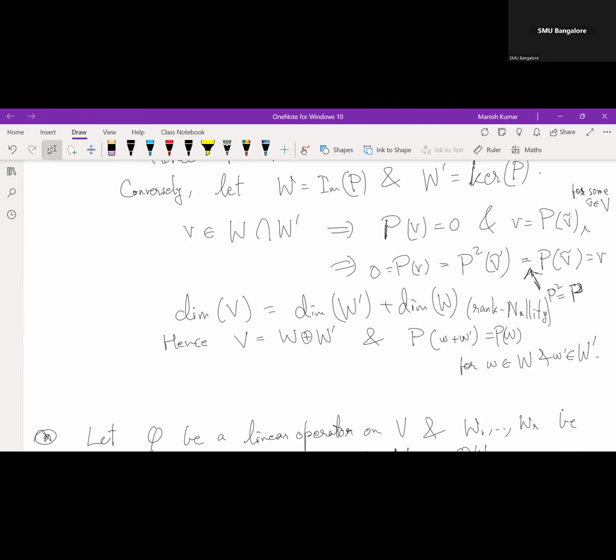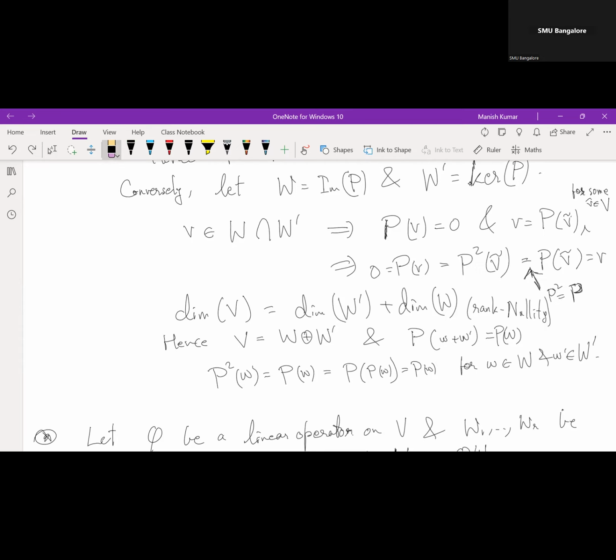It follows from P square of W being P of W. So this proves that P of PW is PW. Sorry, this last bracket is unnecessary.